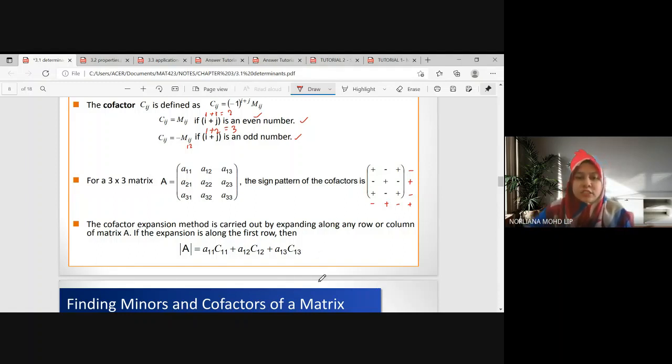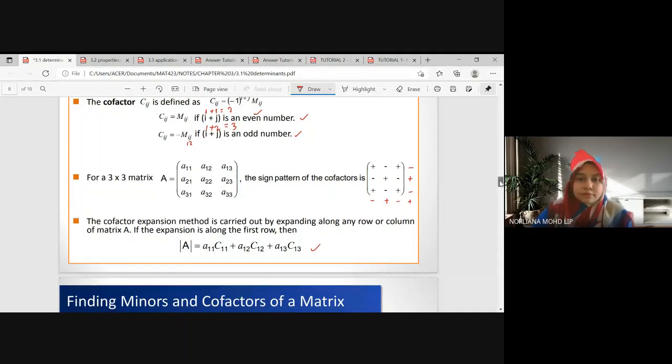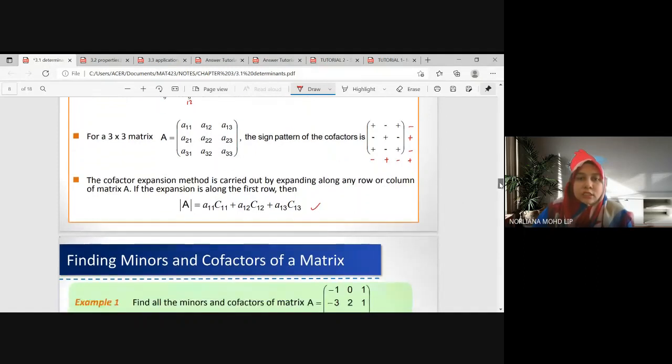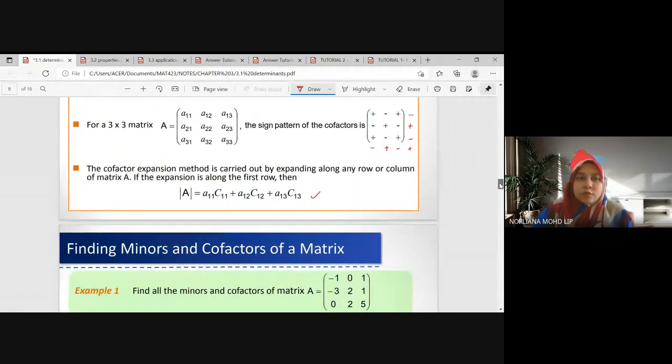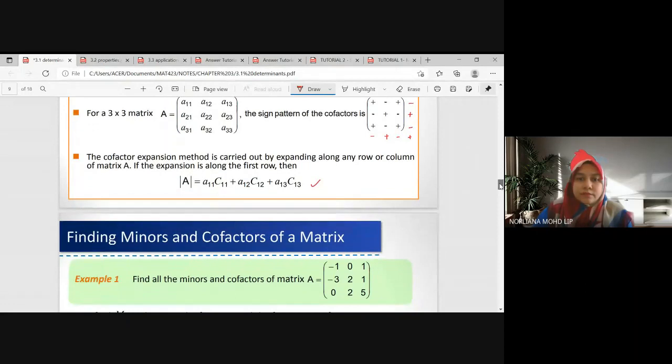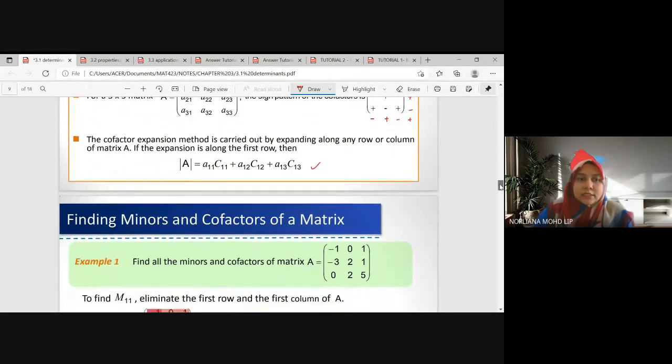So we can choose any row or column of a matrix in order to find the determinant of A. Normally we use a row or column with 0 entries. Okay, look at this example.